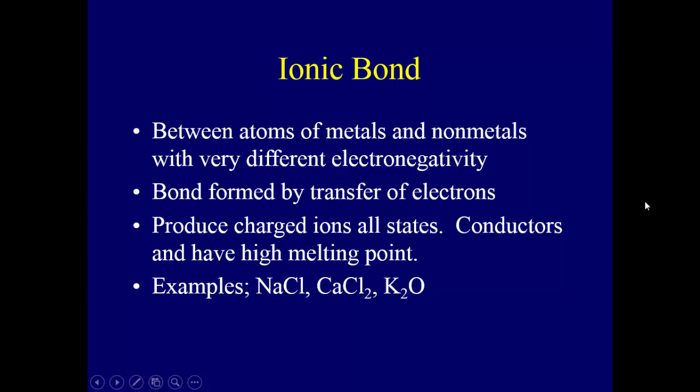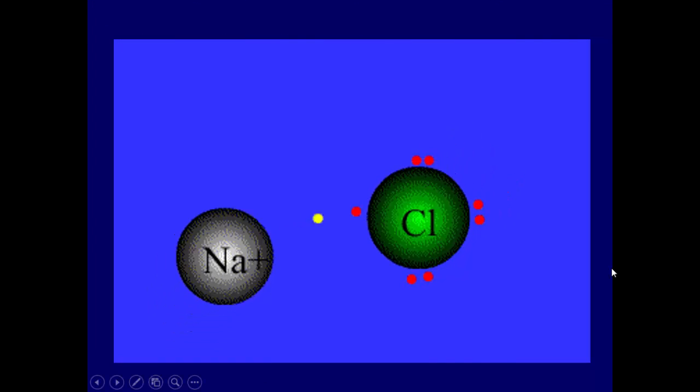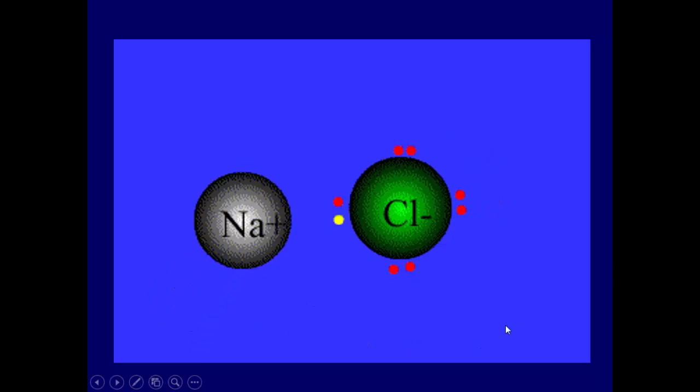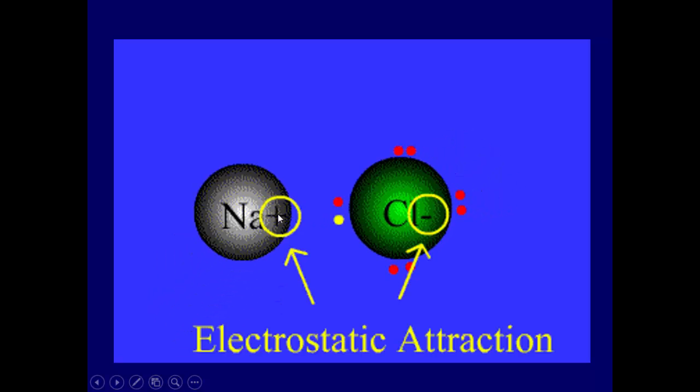Some examples of ionic bonds would be NaCl, sodium chloride, and that would be the table salt that you and I put on our food. In this example, you can see that the sodium atom is giving its electron to the chlorine. Okay? So now it's stable, but it's also positively charged.